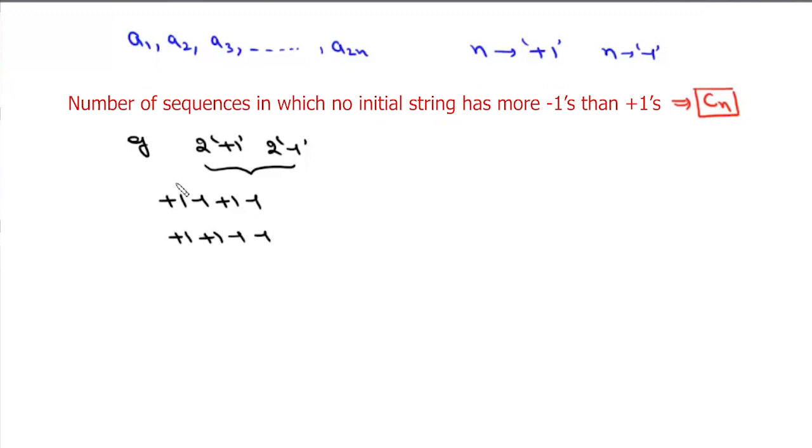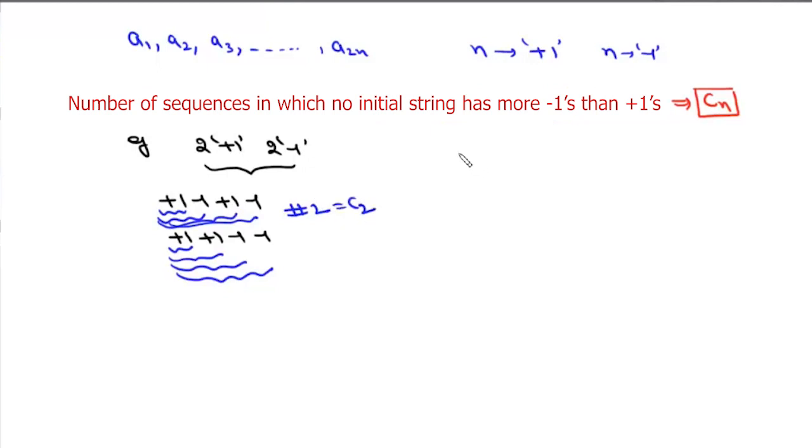Now we take any initial sequence, this one, this one, this one, or this one. No string has more minus 1s than plus 1s. And here also, in this initial string of 1, string of 2, string of 3 and string of 4, the number of minus 1s is not greater than the number of plus 1s. So there are only two ways to do that, and it is equal to C2.